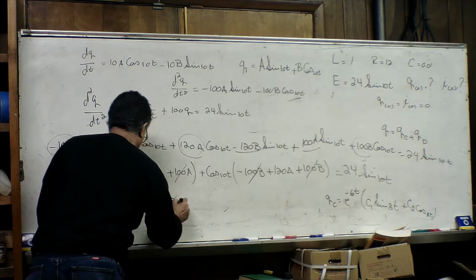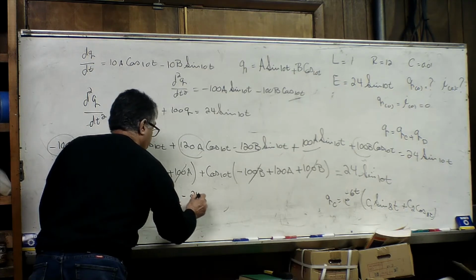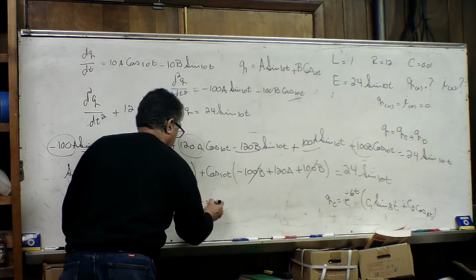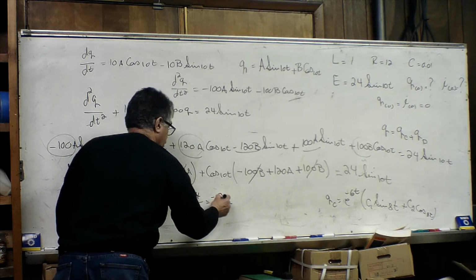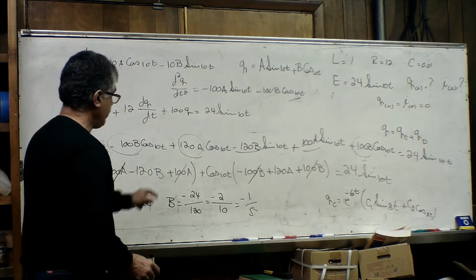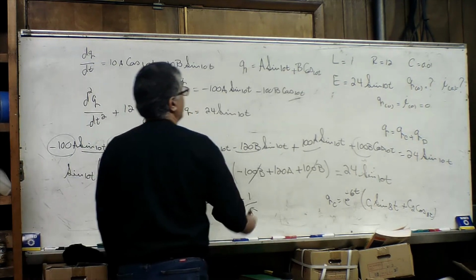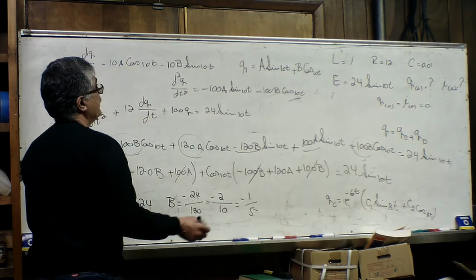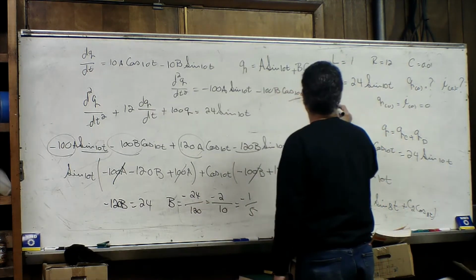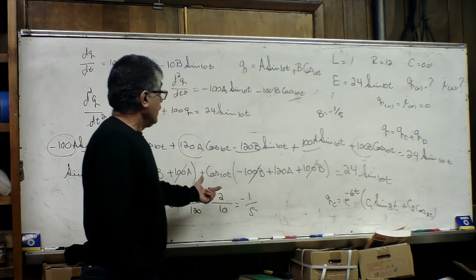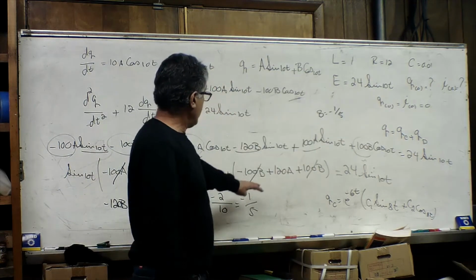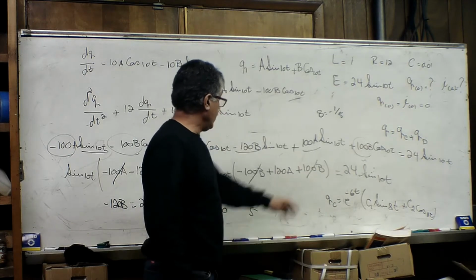So b will be equal to minus 24 divided by 120, which is minus 2 divided by 10, or minus 1 divided by 5. So our b is minus 1/5.